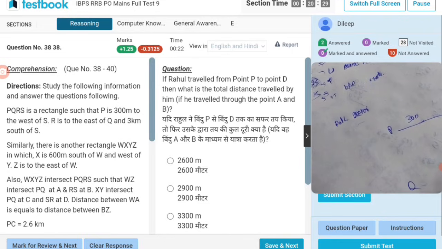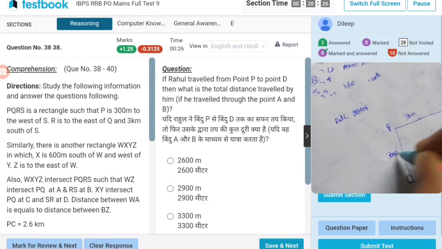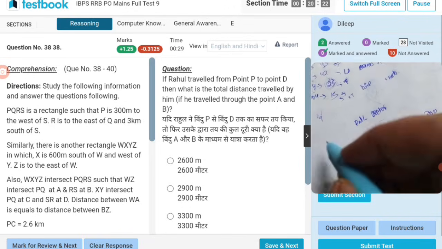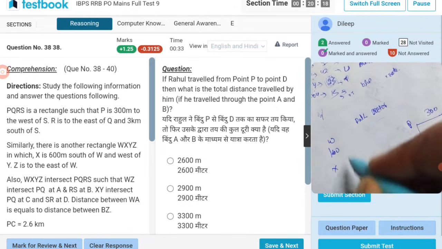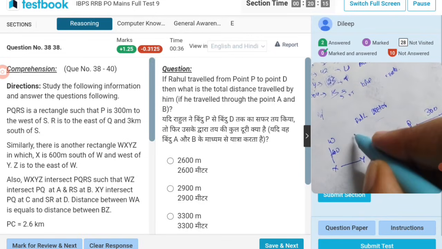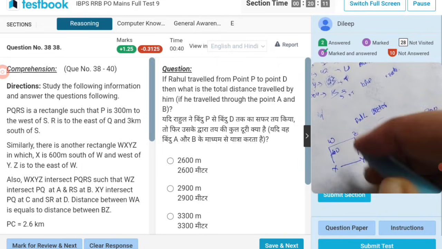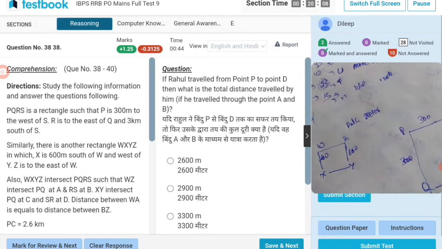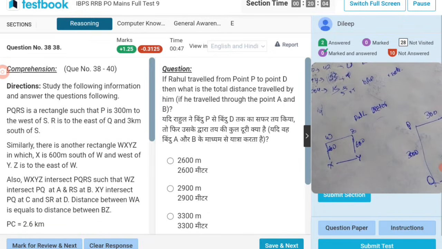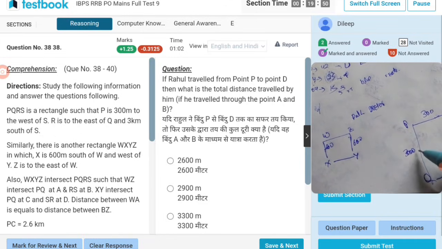Okay, next, similarly WXYZ, X is 600 meters south of W and west of Y, Z is east of W. So WXYZ intersects PQRS such that WZ intersects PQ at A and RS at B. Distance between W and A is equal to B and Z. PC is 2600.